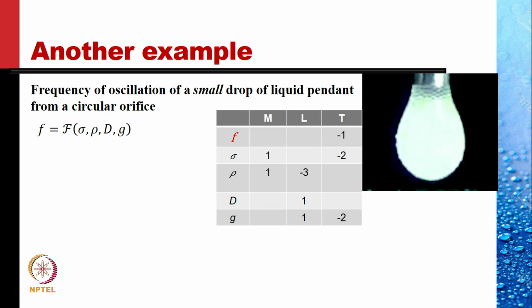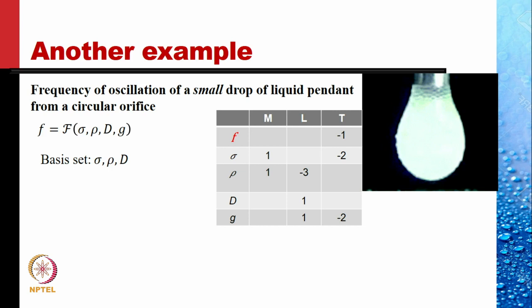You can verify for any one of them. Now we choose a basic set. A basic set would consist of three quantities because M, L, and T are the three quantities. Let's choose sigma, rho, and d.